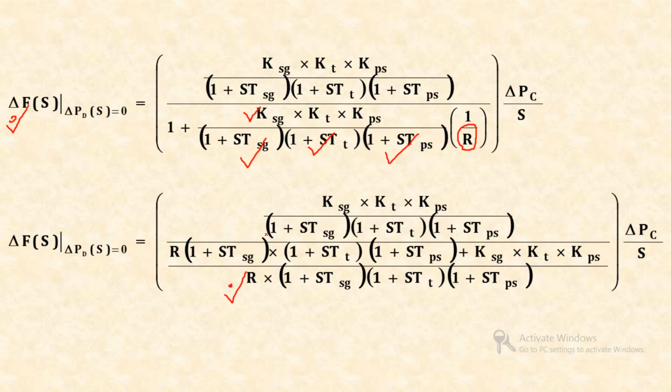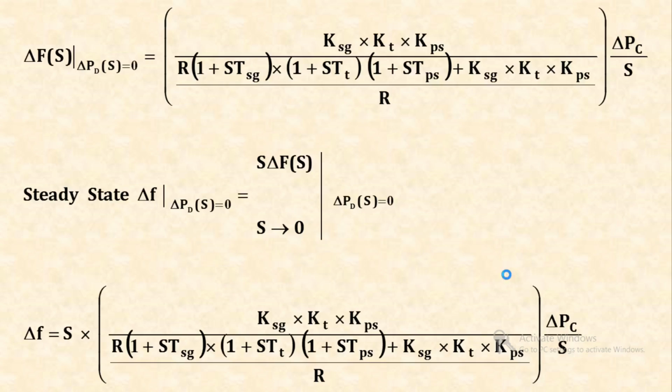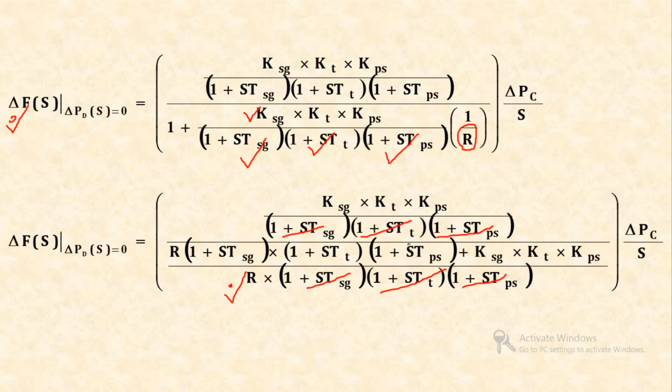In simplification, 1 plus STG, 1 plus STT, 1 plus STPS will be cancelled out with these three terms. The numerator will be only KSG KT into KPS because all these terms are cancelled out.